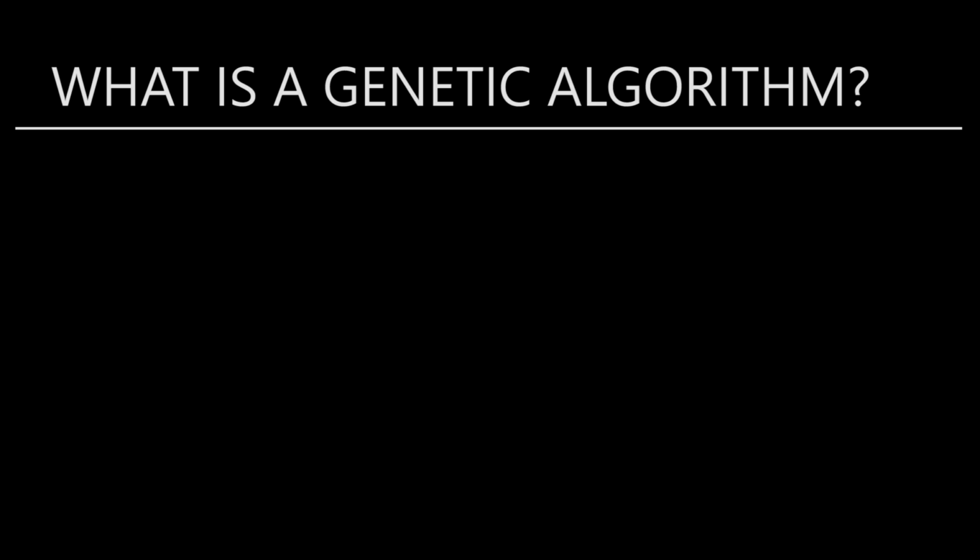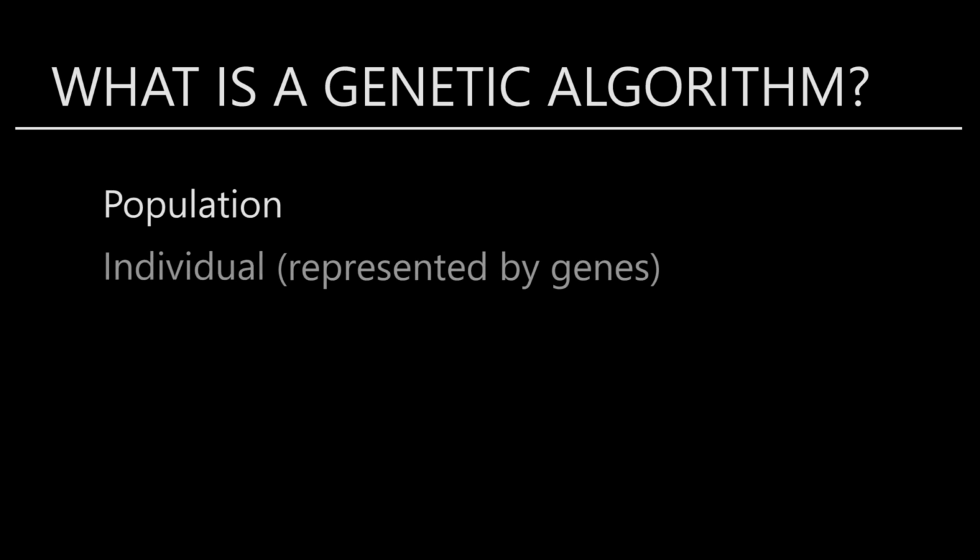First, we need a population of something, a species of animal or plant. Each individual of that population has genes. Through natural selection, the fittest members tend to survive longer, meaning that they have a higher chance of reproducing.